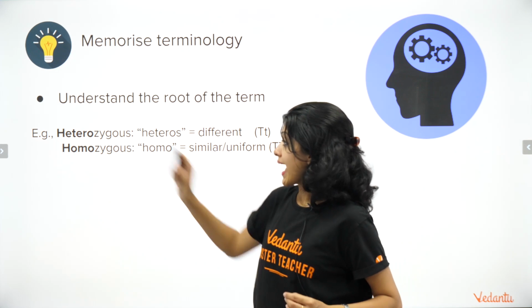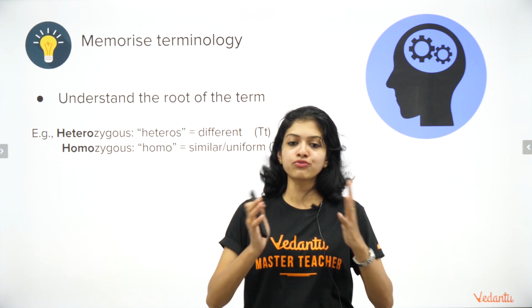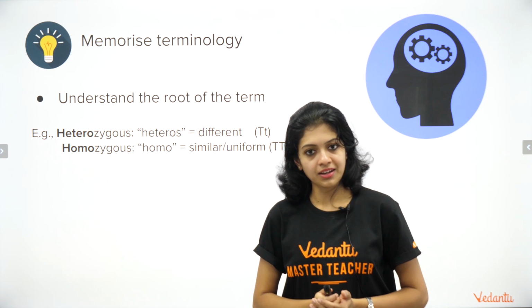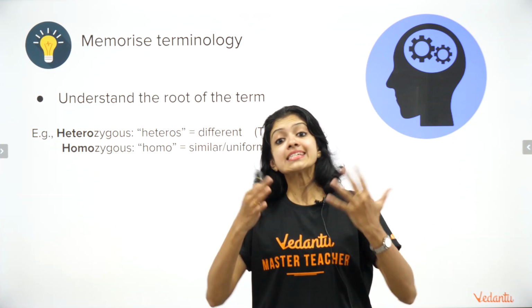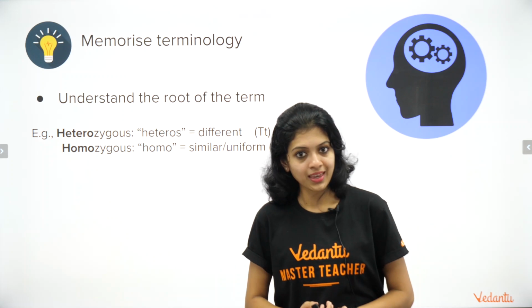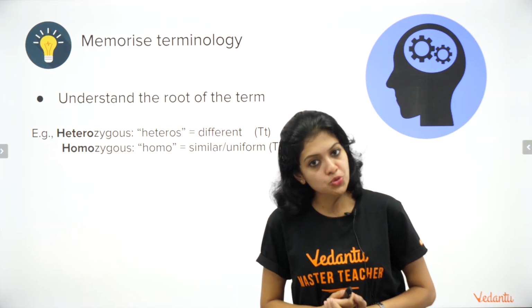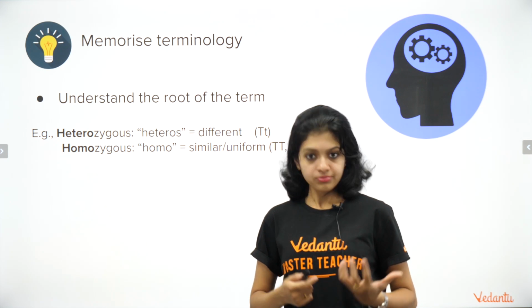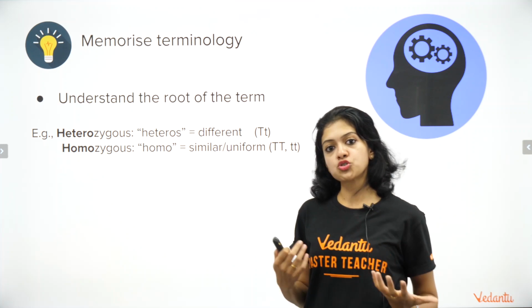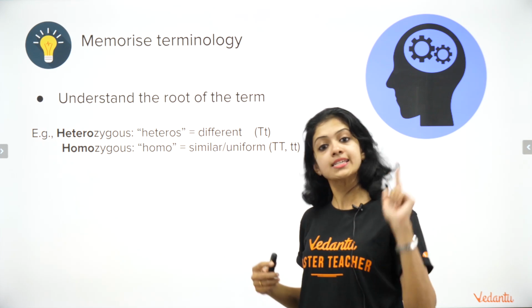The prefix hetero in this word indicates that it is different or not similar, and in homozygous, homo would indicate that it's similar or uniform. So if you have a confusion between these two terms, you will be able to identify them as homozygous and heterozygous respectively.